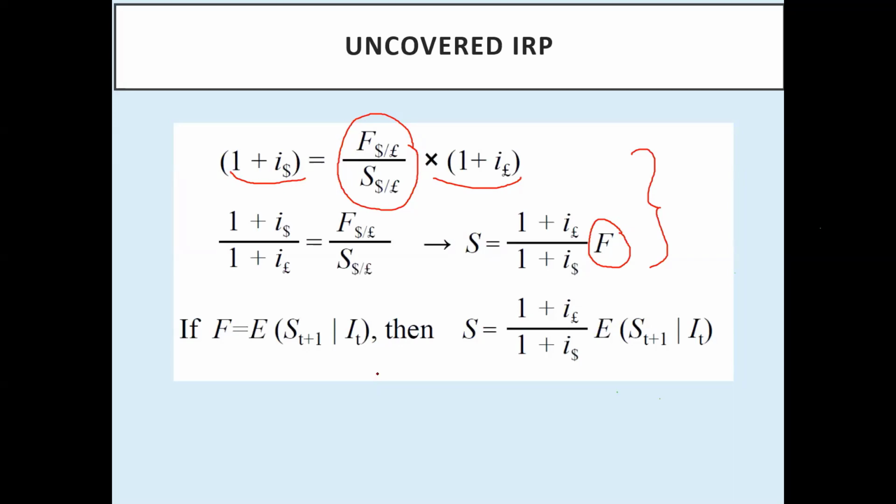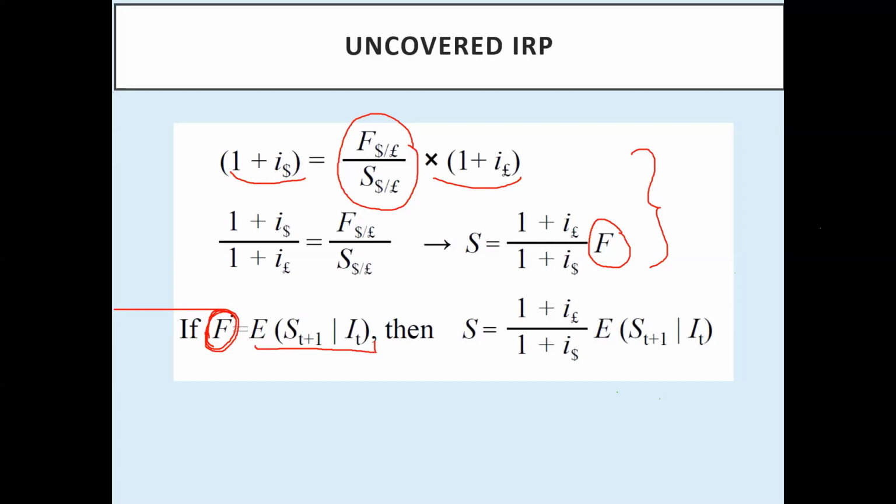Now, if we recall from derivatives, we say that the forward rate is set as the future expectation of investors. So the forward rate reflects the investor's expectation about the future value of the currency. For example, in this case, my forward rate would be investors' expectations about the value of the pound in 1 year's time.